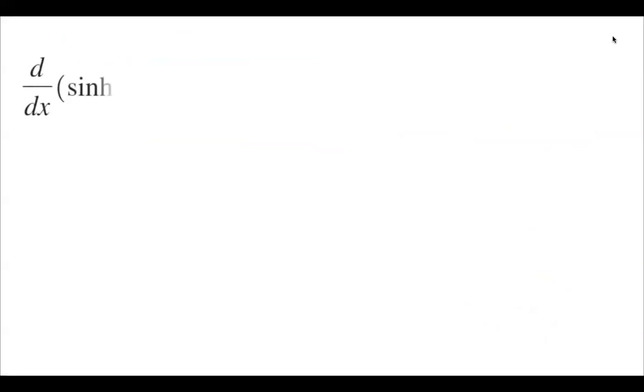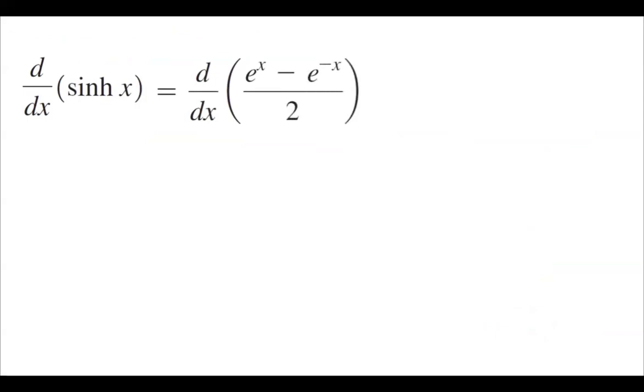Suppose you're interested in finding the derivative of hyperbolic sine x. Well, we have a nice definition for hyperbolic functions. In this case, for hyperbolic sine, it's defined as e to the x minus e to the power minus x divided by 2. But remember that when you're taking the derivative of e to the x, it is equal to e to the x.